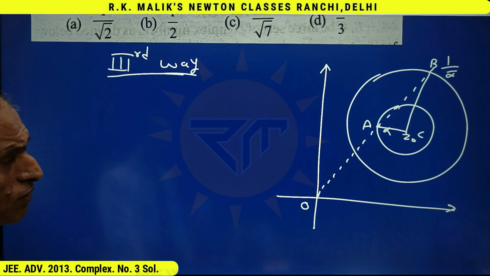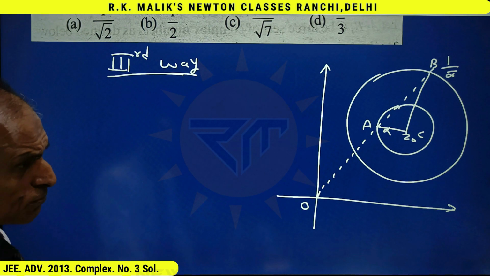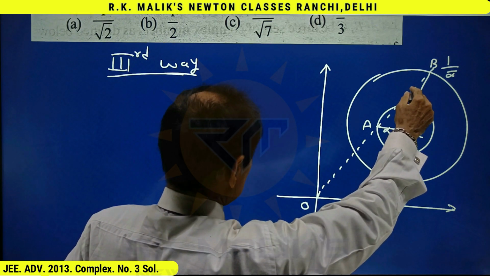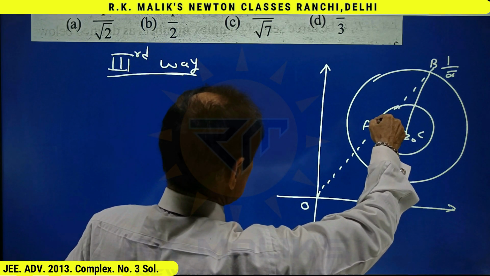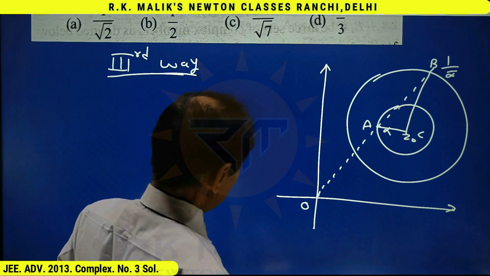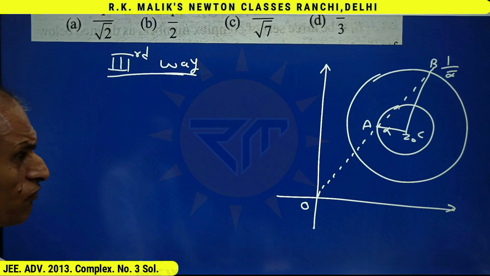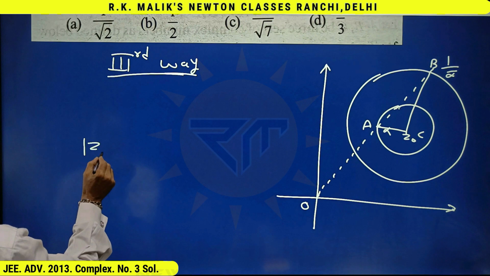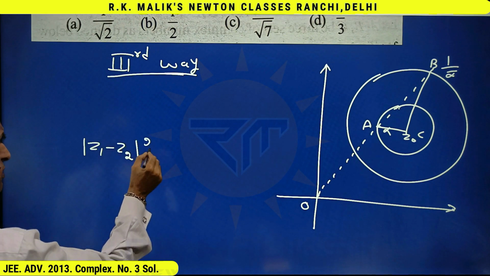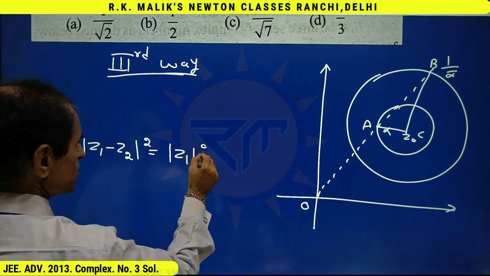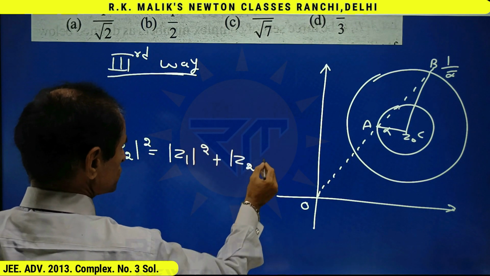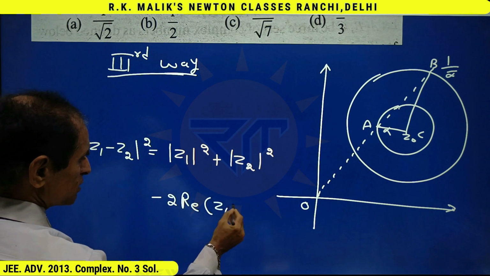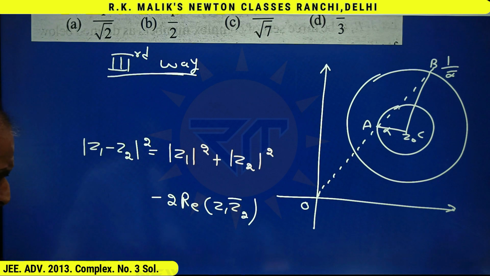First I will find the value of length AC in terms of alpha, z0 and r. Similarly, I will find the value of BC in terms of alpha, z0 and r, and see what I am going to do. And now I am going to use the formula mod of z1 minus z2 whole square equal to mod z1 square plus mod z2 square minus 2 times real part of z1 z2 bar.